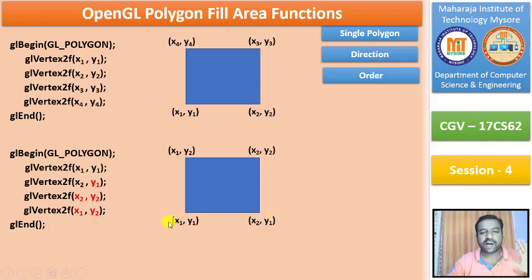That is x1, y1, x2, y2. The two corners. Now just observe, the two corners which are diagonally opposite, we can use to draw any rectangle. It can even be a square. So if I know the two corners which are diagonally opposite, I can draw a rectangle.